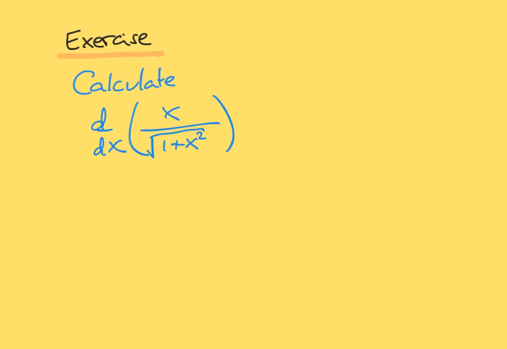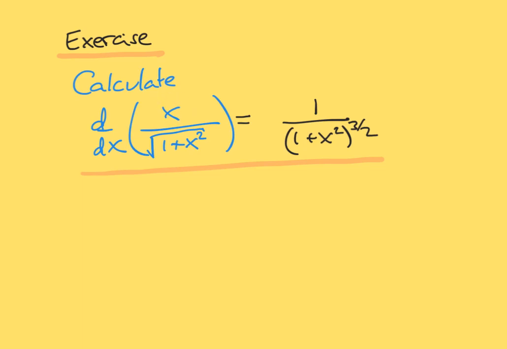Okay, welcome back. And the answer that you should obtain is that the derivative of this ratio is 1 over 1 plus x squared, all to the power of 3 halves. And to do that, the way I would do it is I use the product rule and the chain rule.